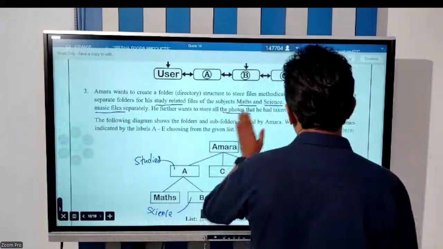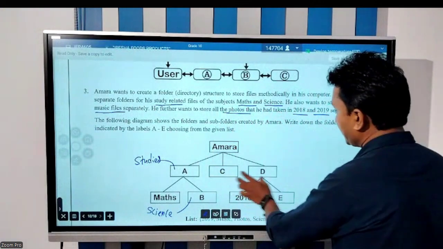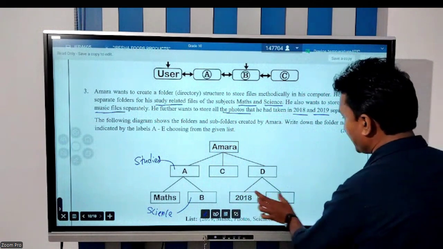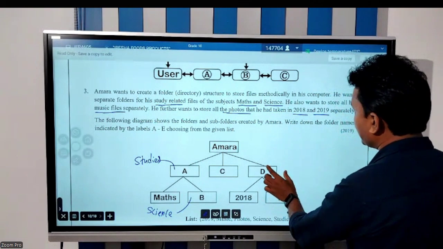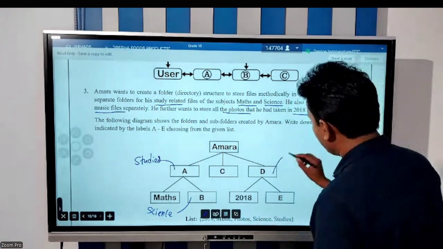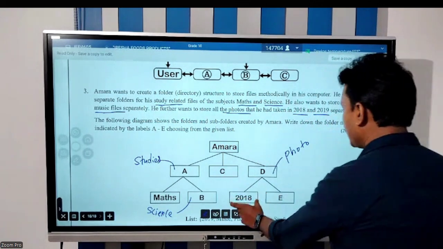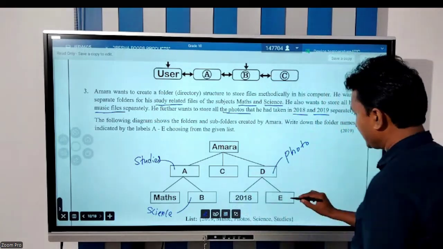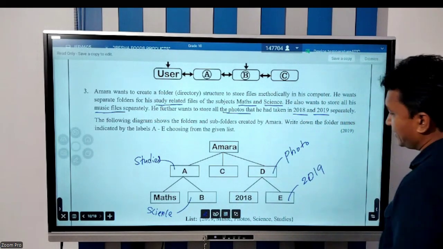He also wants to store photos. 2018, and it has given 2019. Under what? Photo folder should be there, right? So this is the photo folder. Under that, there are two years, 2018 and this is 2019. E is 2019.